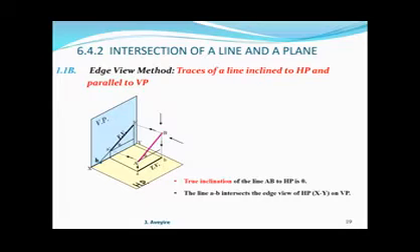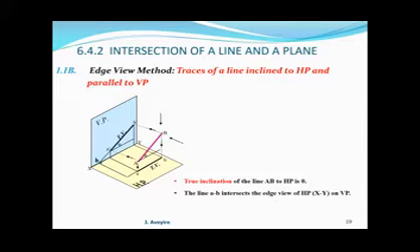Now we have to look at the relationships of what we developed. Here we extend in both directions. As we see on the horizontal plane, the line, the true length, the top view, is the point where they meet. That point is the horizontal trace, HT.